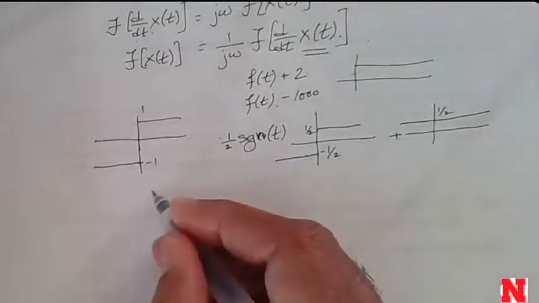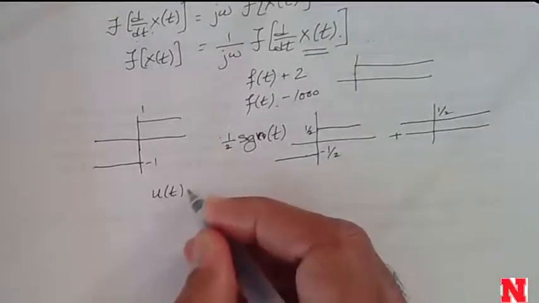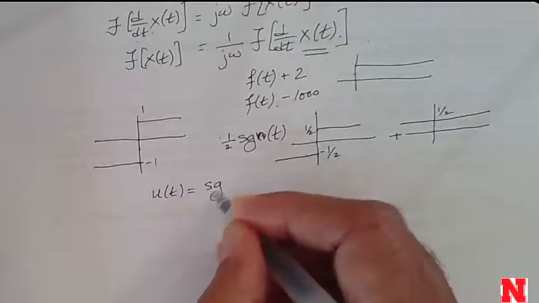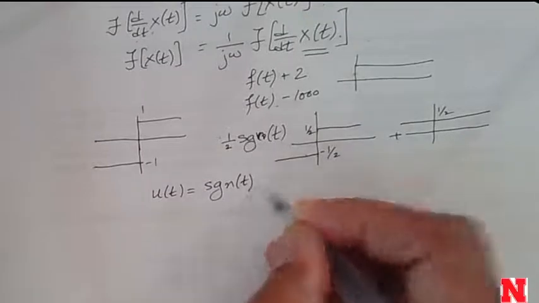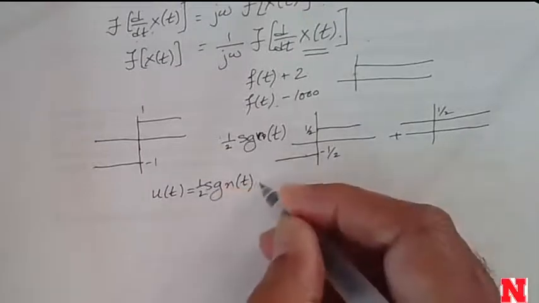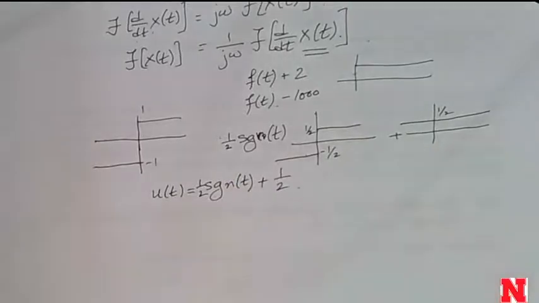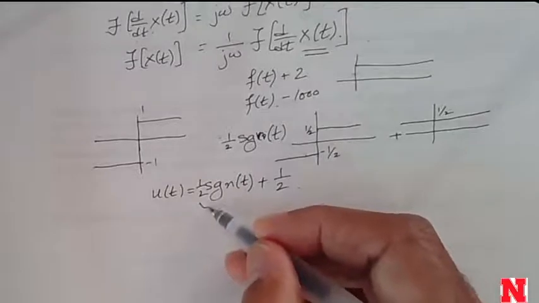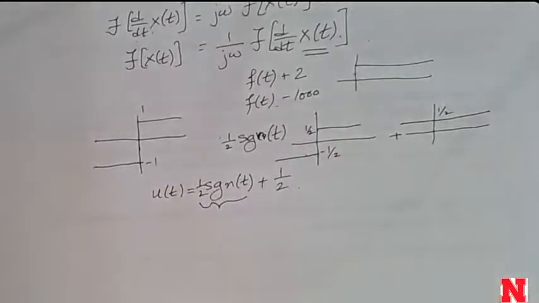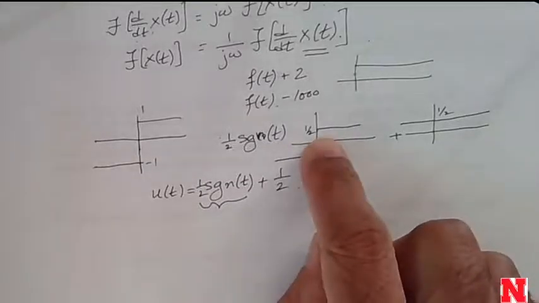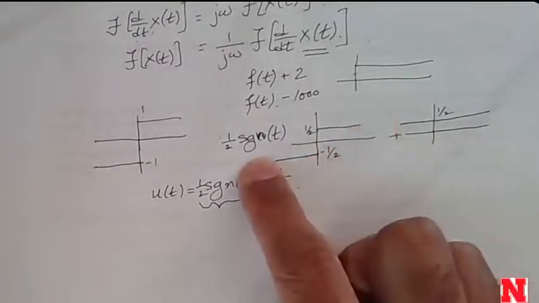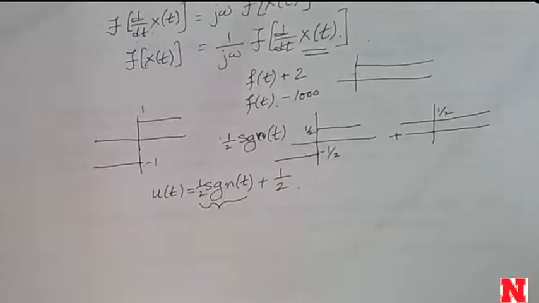So what I can see is that u of t is equal to a half signum of t, plus a half. So that'll give me my unit step. And the nice thing now is that this signum of t has an average value of 0. It's plus a half of the time, and minus a half the other half of the time. So the average value is going to be 0.